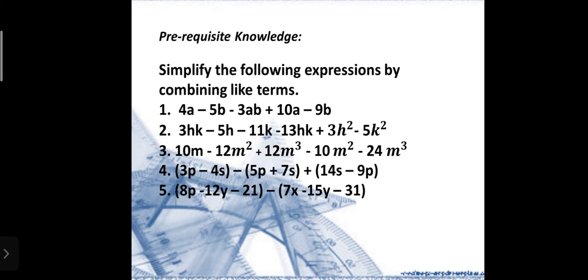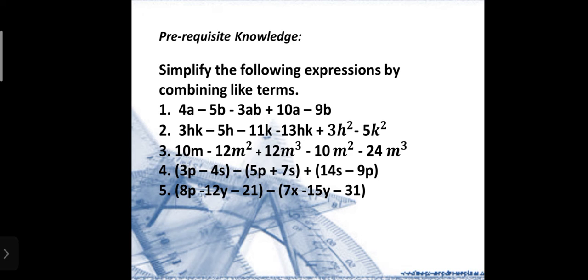4a and 10a. Okay, negative 5b and negative 9b. So, si 3ab, iba po yon kasi dalawa yung kanyang variable na kasama. We have a and b. Okay?